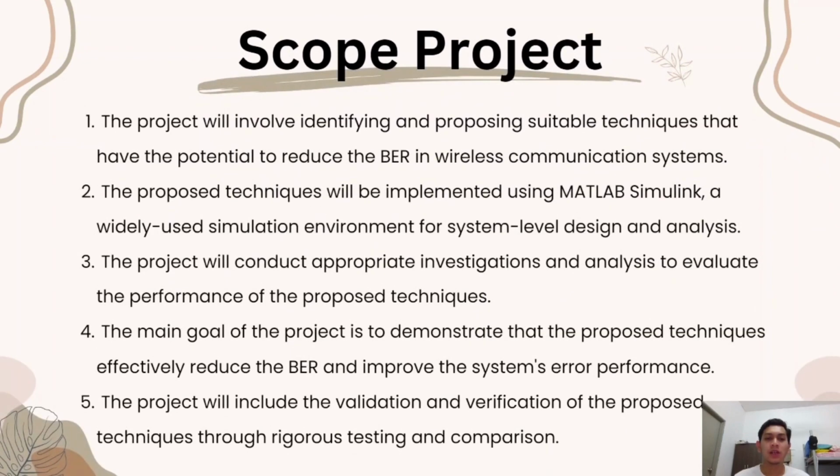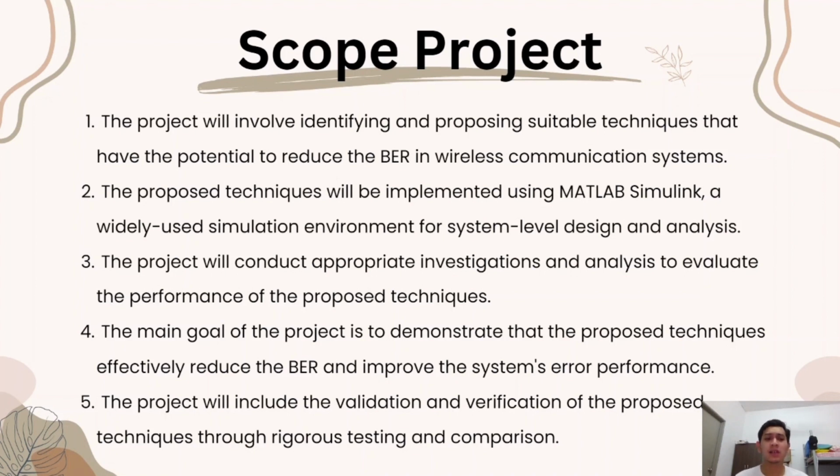So we go to my project scope. My project scope has five points. Number one, the project will involve identifying and proposing suitable techniques that have the potential to reduce the BER in wireless communication systems. Second, the proposed techniques will be implemented using MATLAB Simulink. MATLAB Simulink is a widely used simulation environment for system level design and analysis.